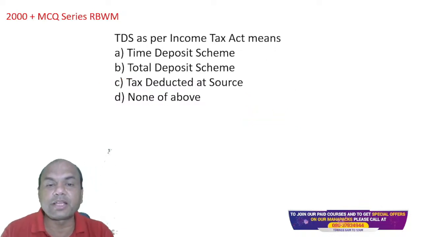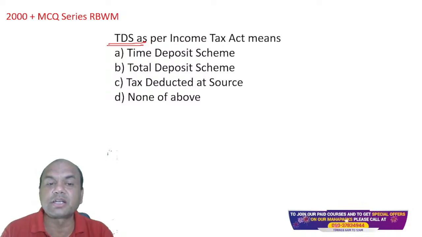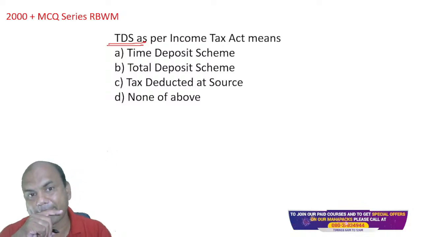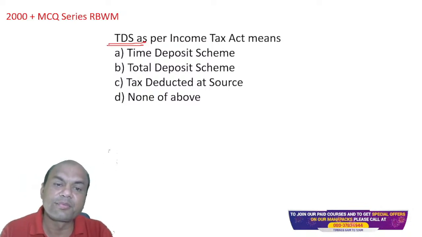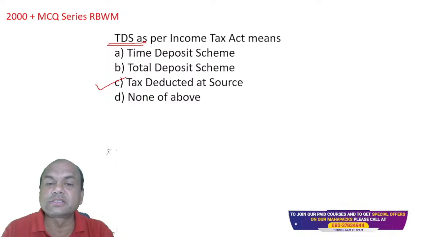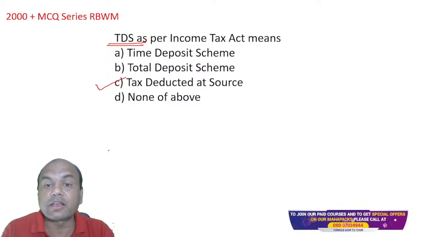TDS as per income tax means TDS. What is TDS? Time deposit scheme, total deposit scheme, tax deducted at source, or none of the above. TDS means tax deducted at source. This is the advance tax which is paid by you and me, and we get a refund of this.